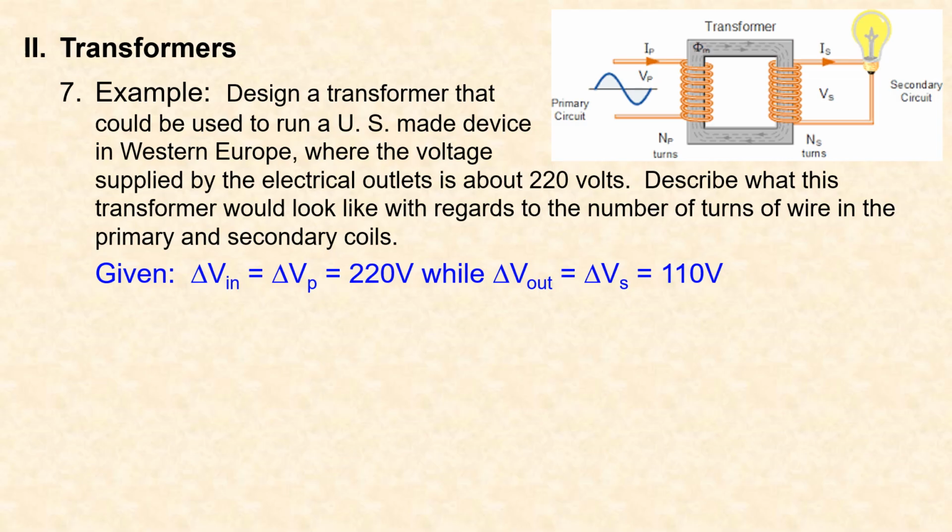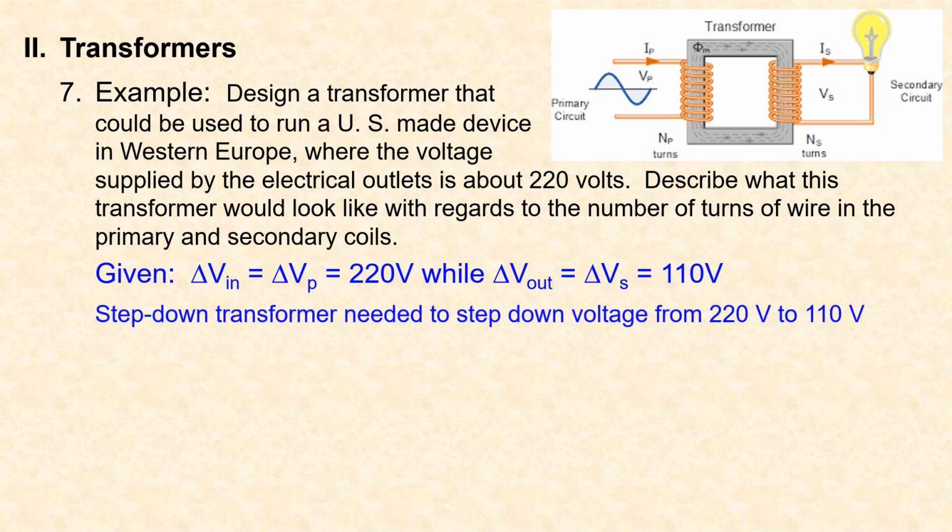So taking a look at what we're given here, we're given that the input voltage from the wall outlets in Western Europe, which represents the voltage of the primary coil, is 220 volts, while what we desire for an output voltage to run our device, a device voltage in the secondary coil, would be 110 volts, because this device is made to run in the United States, where it would require a voltage of about 110 volts.